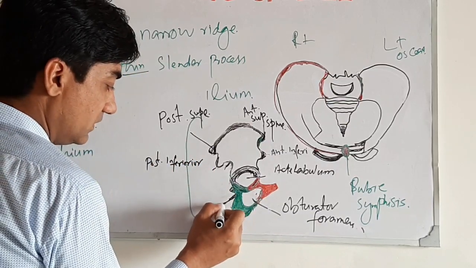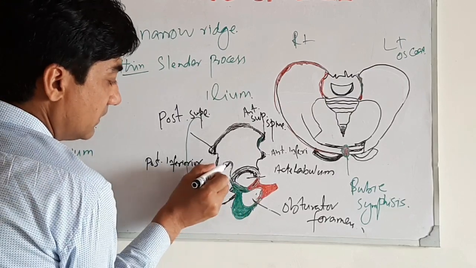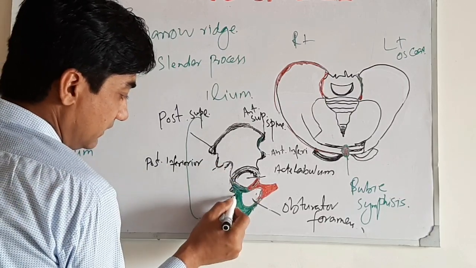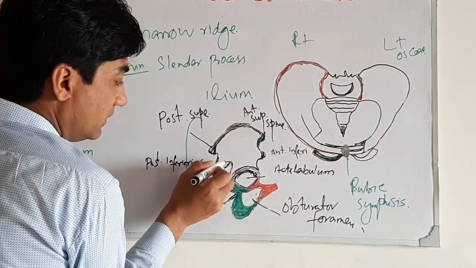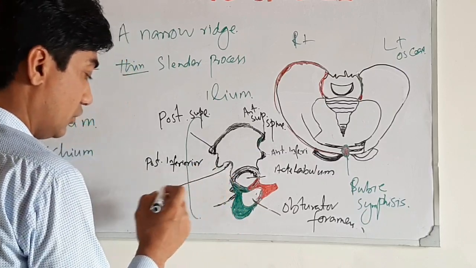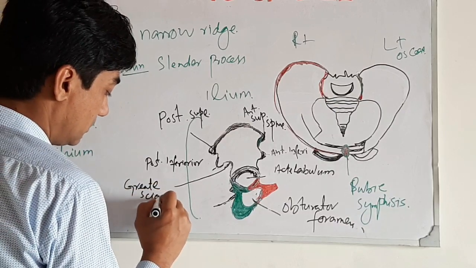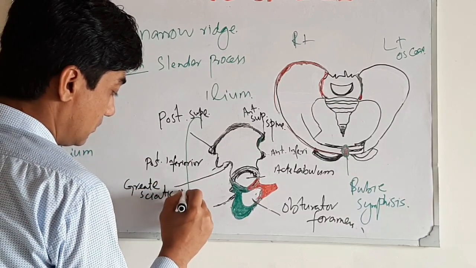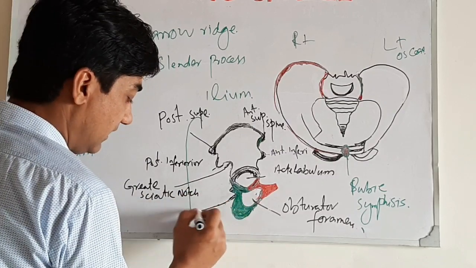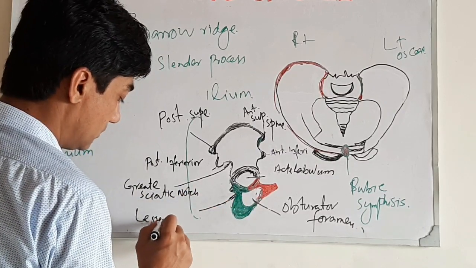This is another notch. This is the broader notch and this is the small notch. This notch is called the sciatic notch, the greater sciatic notch, and this is the lesser sciatic notch.